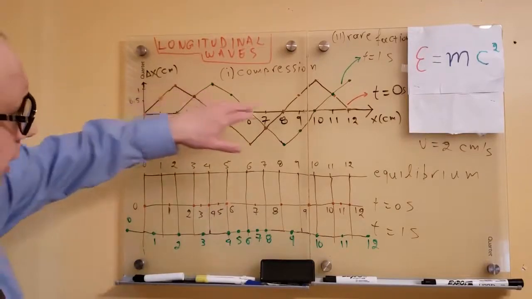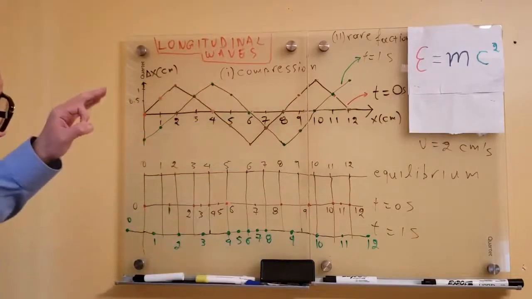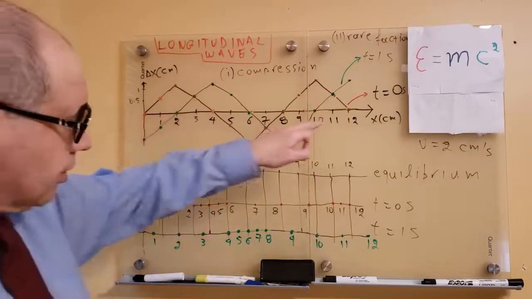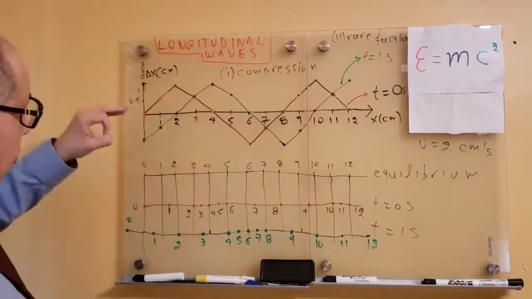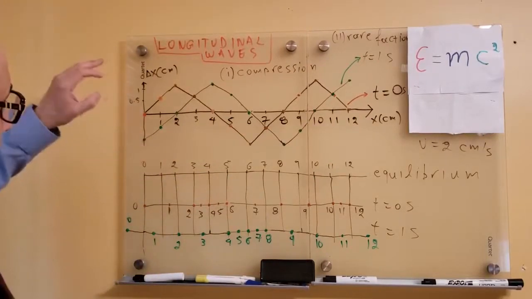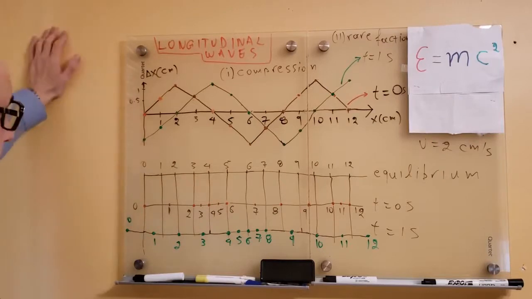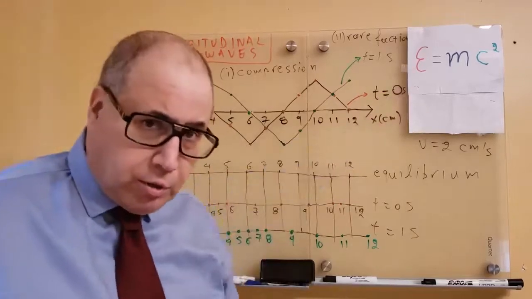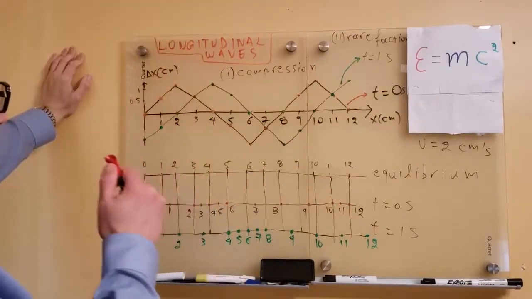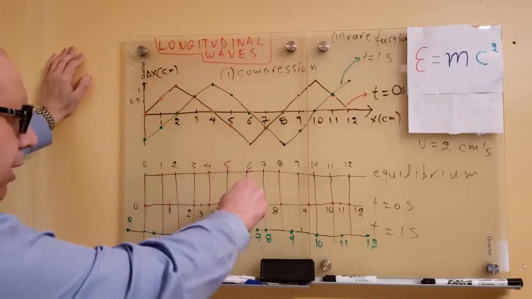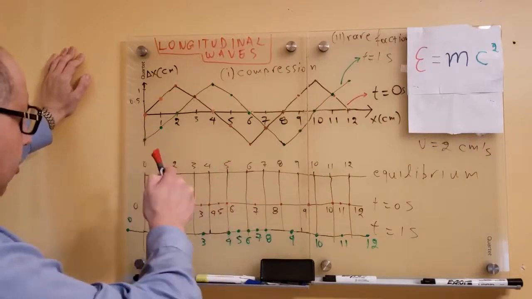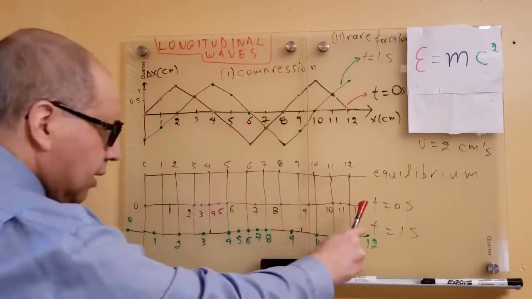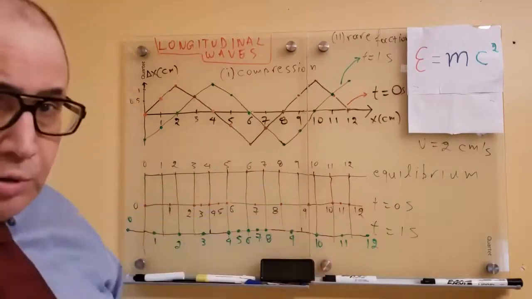These red points represent the displacement of these 12 particles, from 0 to 12, at t = 0. The first question is to draw, on the bottom figure, the location of these particles at t = 0.